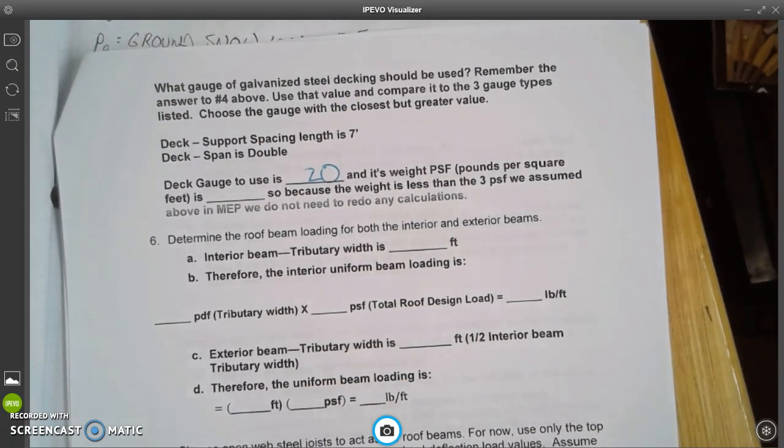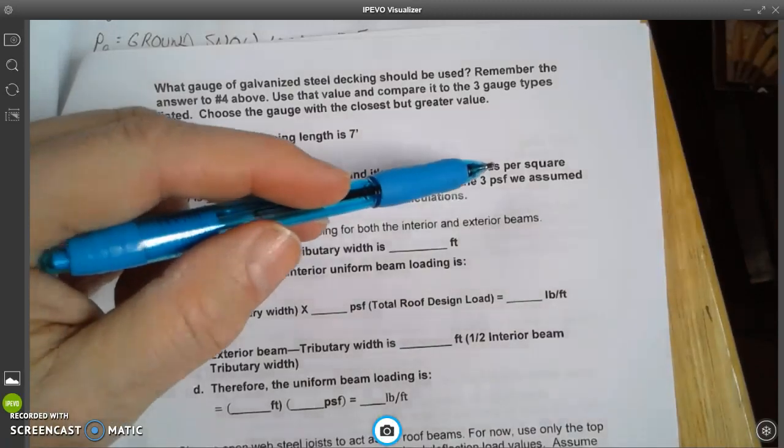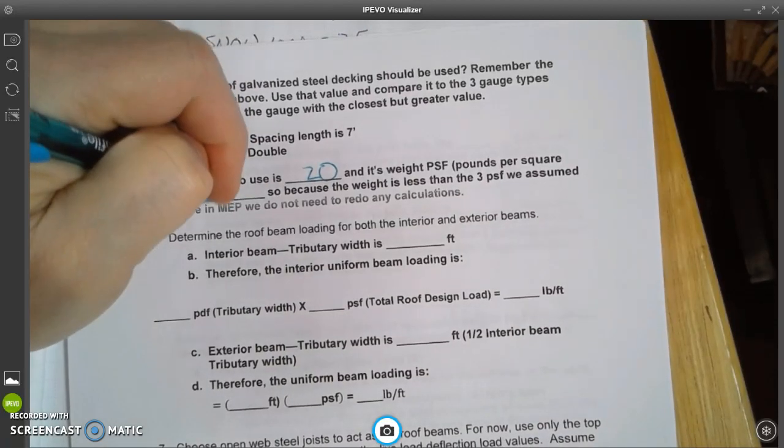That's where I told you the 47 is a valuable piece of information. Then you're going to use that value and compare it to the 3 different gauge types listed. Choose a gauge with the closest but greater value. And there we have the information that we're going 7 feet, and it is double span. So the deck gauge to be used is 20, and its weight, PSF, pounds per square foot, was 1.95.